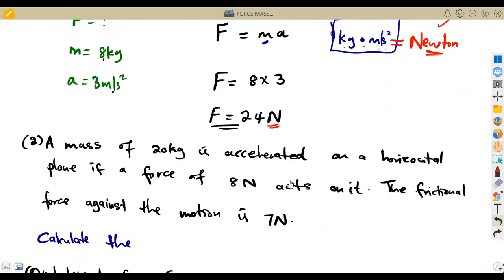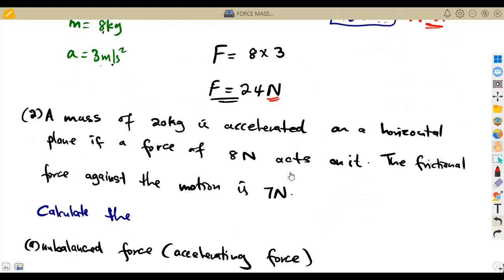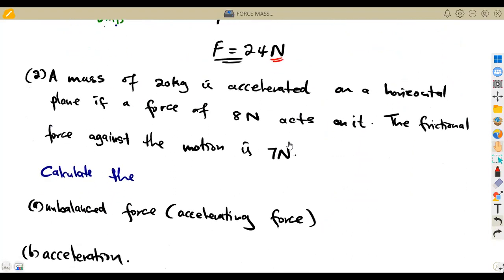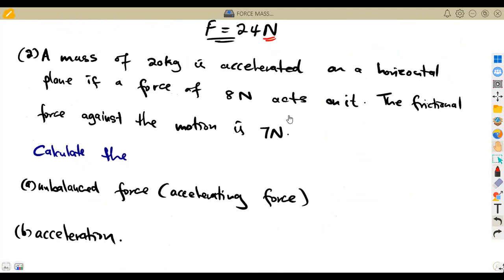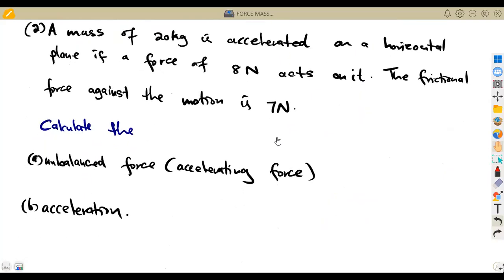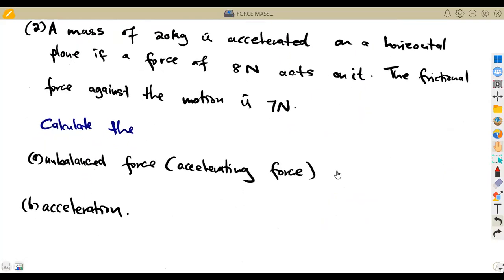All right. Now I want us to check this question. This is very, very important. Let me try to adjust this way. There we have information that a mass of 20 kg is accelerated on a horizontal plane. We are still on a horizontal plane. So it is accelerated, meaning to say there's a change in speed.